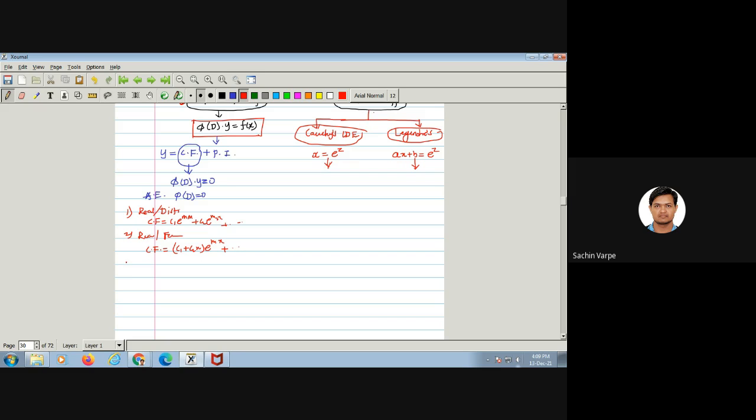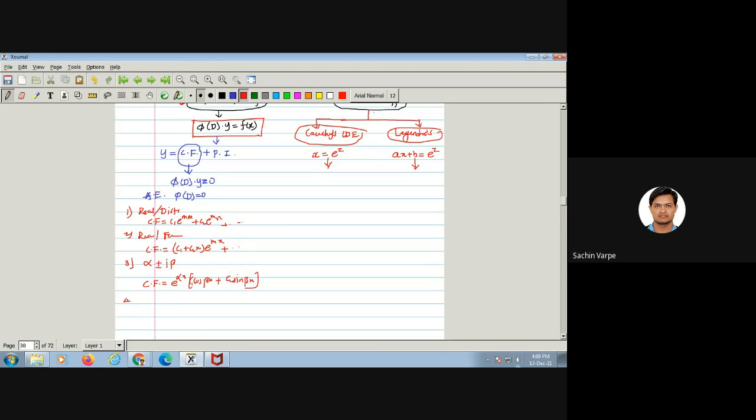If the roots are complex of the form alpha plus minus i beta, complex distinct roots, then the complementary function we have written as CF is equal to e to the power alpha x into C1 cos beta x plus C2 sin beta x. Yes or no?